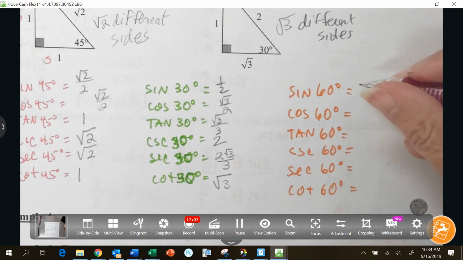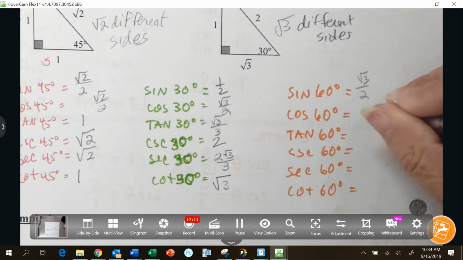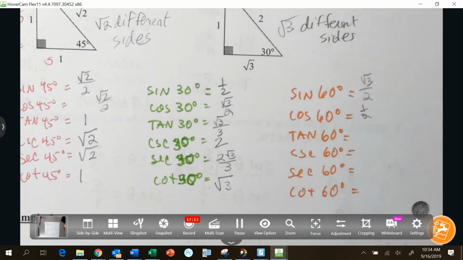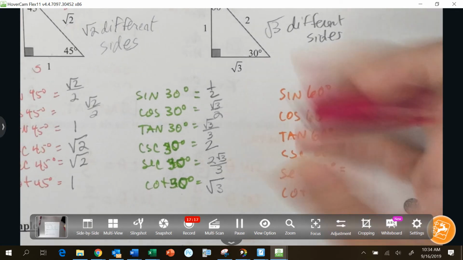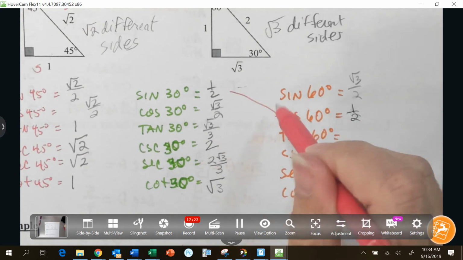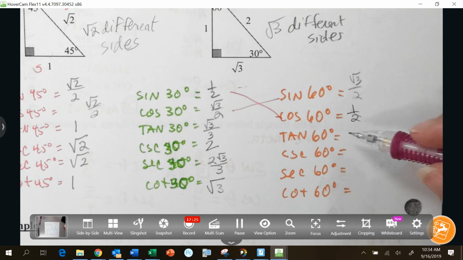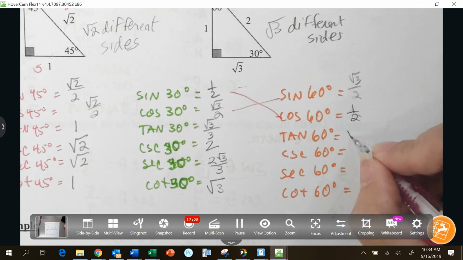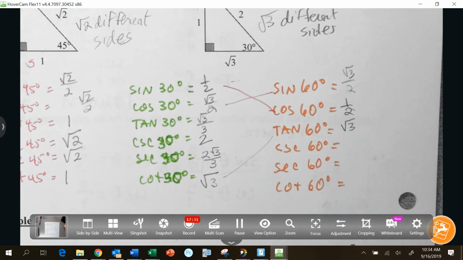The sine of 60 is radical 3 over 2. And the cosine of 60 is 1/2. Things that you will notice when you have these memorized is that these are the same. Tangent of 60 is radical 3, which is the same as cotangent of 30.